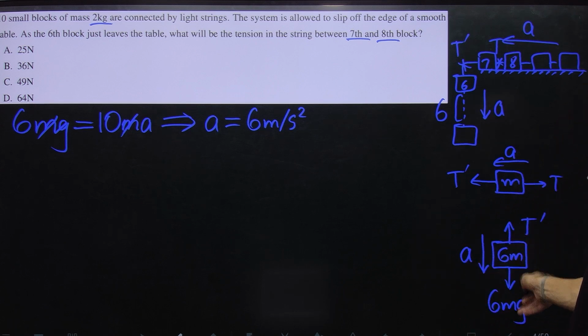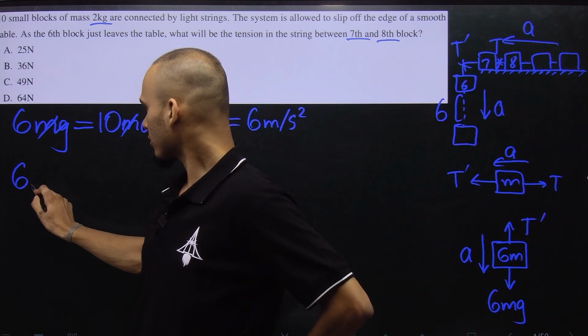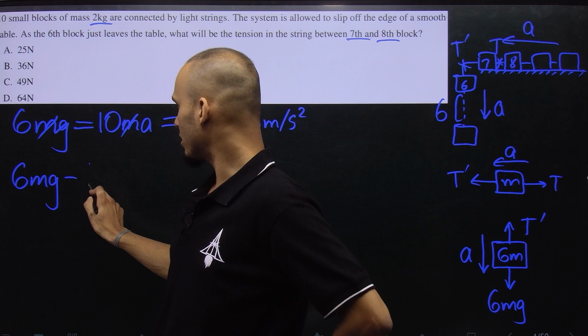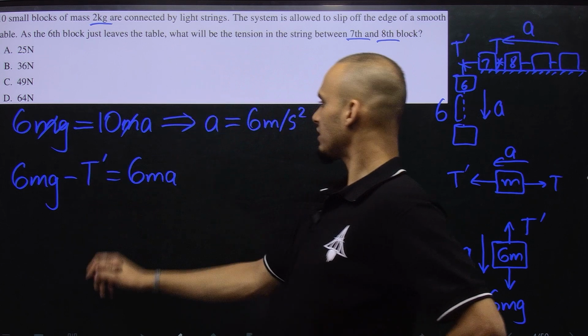First on the 6 blocks, and we get the value of T dash from here. If we balance the forces, then 6mg minus T dash should be equal to 6 times ma.